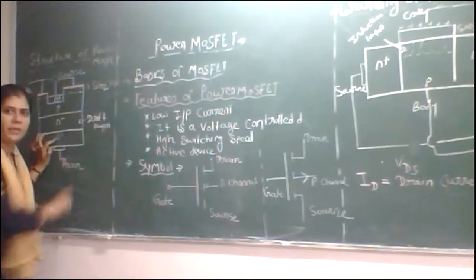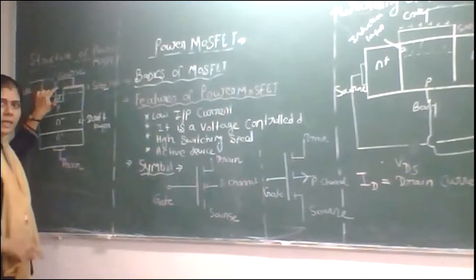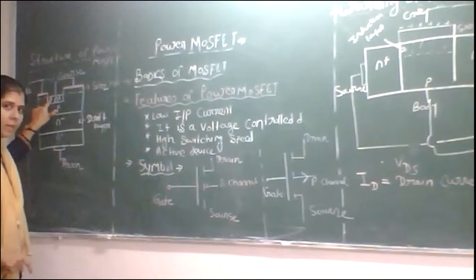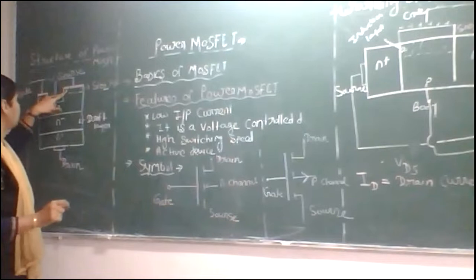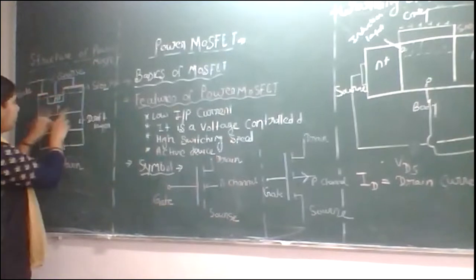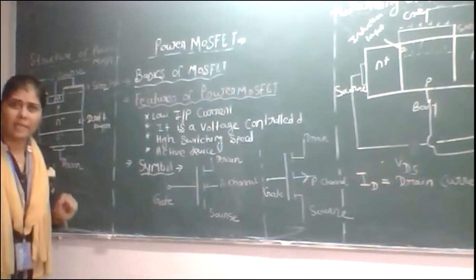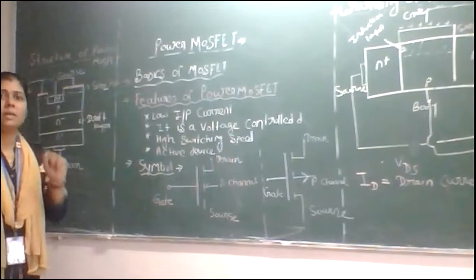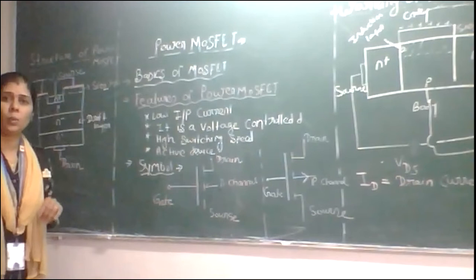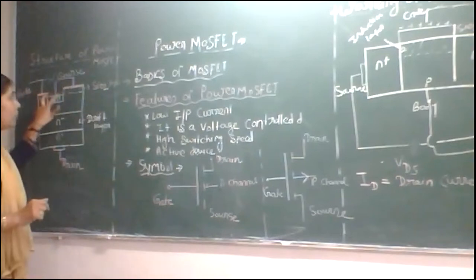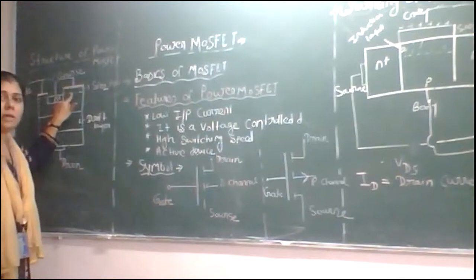Here drain is connected with the N plus layer, source is connected with the N plus layer, and gate is connected with the P layer. But before connecting the gate terminal, it is insulated with a SiO2 layer.